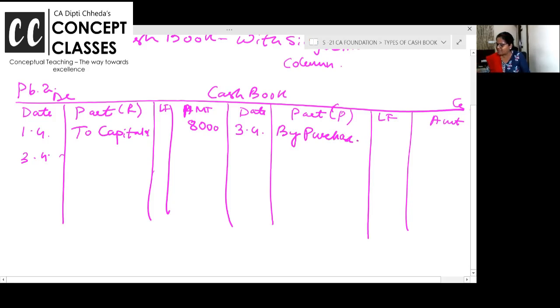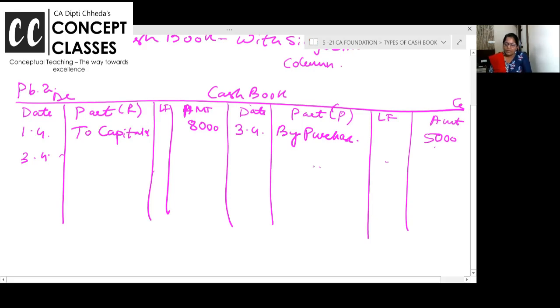Purchases and cash is going out. Are you able to post it? Journal entry in your mind. Purchase to cash. So cash is going out. Credit. Right? By purchase. In purchase ledger, what you will write on the debit side? To cash. In cash, by purchase. Opposite we write.